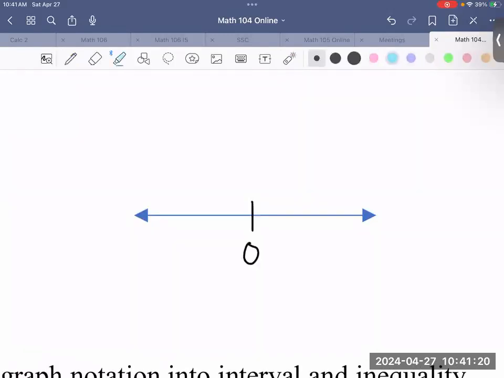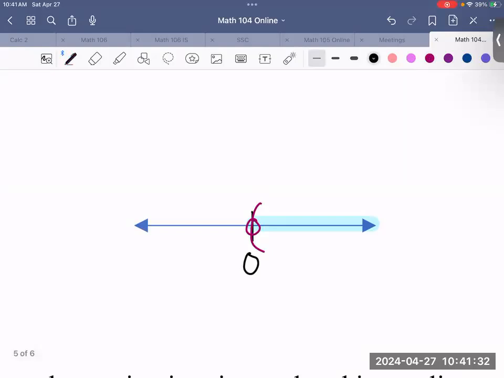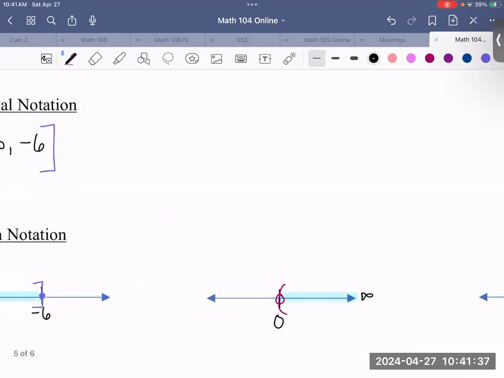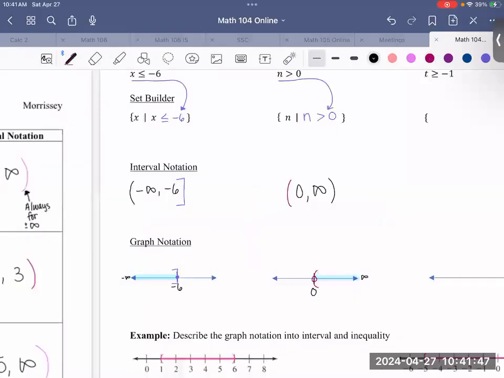We said n is greater than 0. So we're open dot or a parentheses, and we're shading all the way towards positive infinity. So your interval notation is parentheses, 0 to infinity, parentheses.